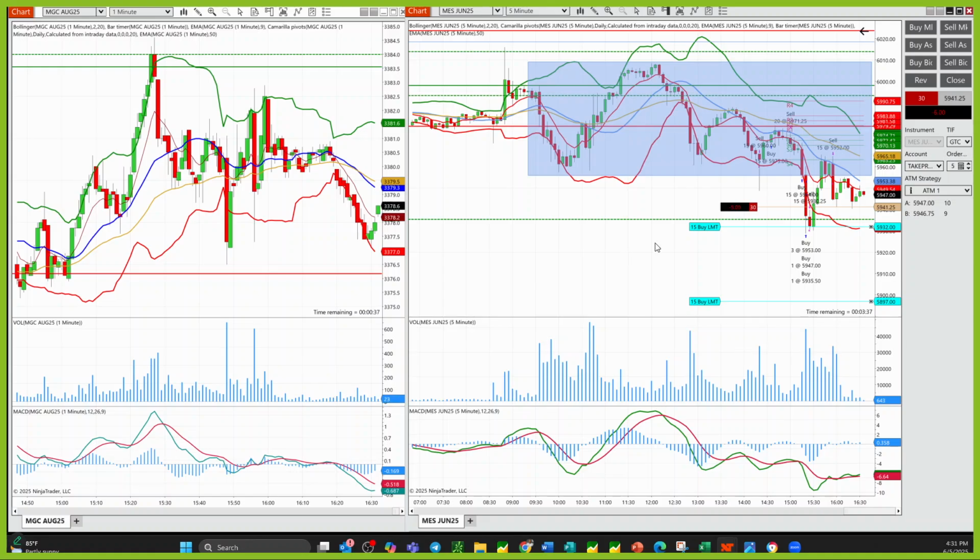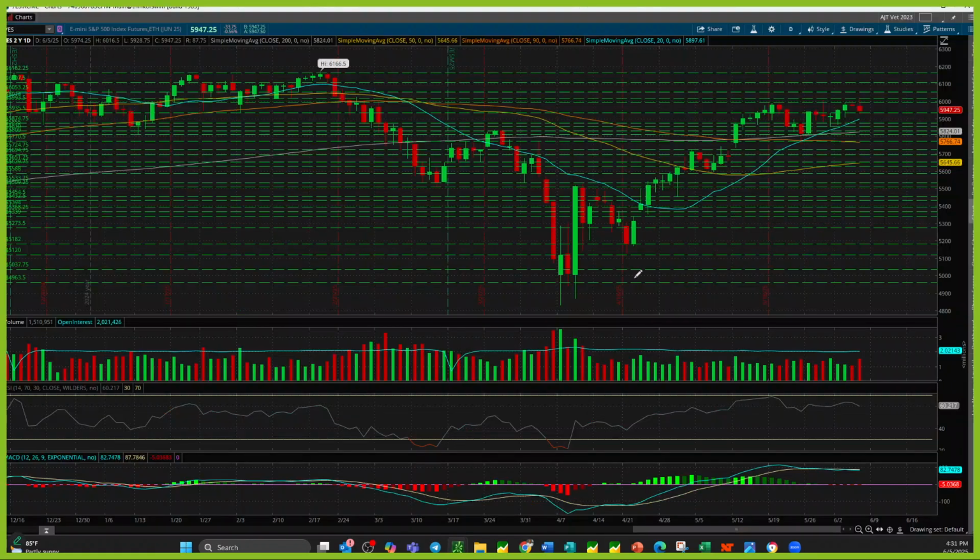All right, but we're done for the day. Oh, sorry. Let's look at, this is what I really was supposed to be doing. Let's look at what we're going to be seeing going into tomorrow's session. It looks like we're going to close on this daily pivot, the 59, 35, 50 daily pivot.